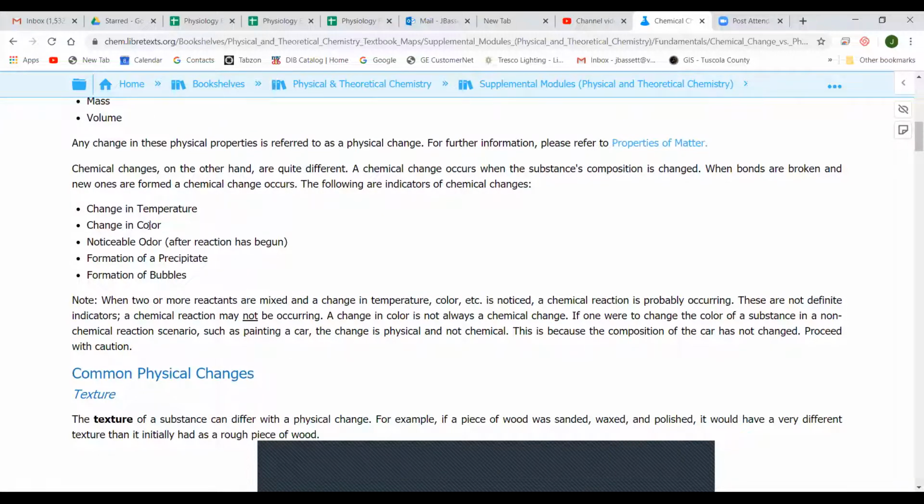And sometimes these are indications, again, a change in color, a change in temperature, maybe giving off heat. For example, when you do a glow-in-the-dark necklace and you break it, and then inside the chemical starts to glow, that's a chemical change. An odor, a forming of a precipitate. Oh, we talked about that. Bubbles, like baking soda and vinegar.